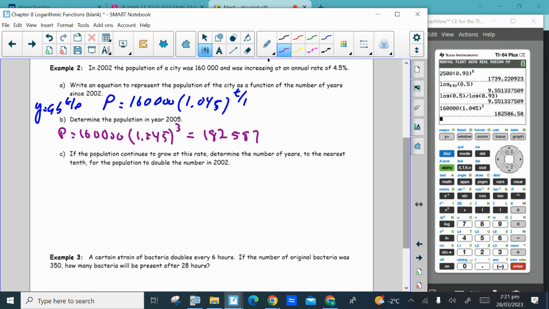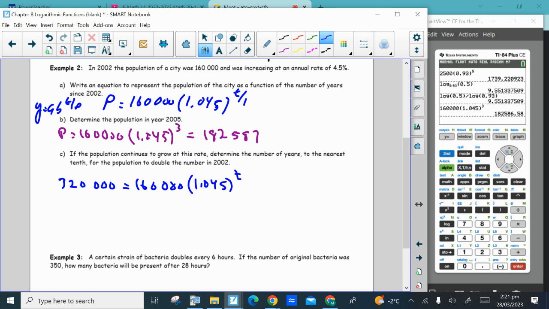If the population continues to grow at this rate, how many years would it take for the population to double? So that means that the number at the end would be 320,000. And that'll equal 160,000 times 1.045 to the power of t.